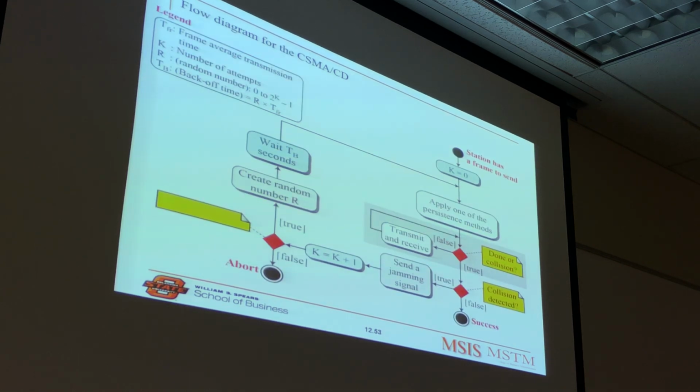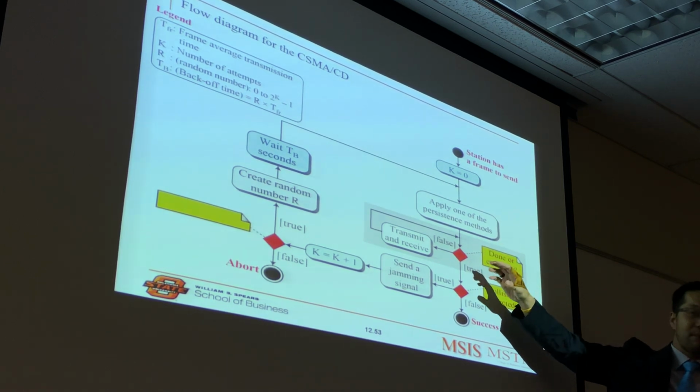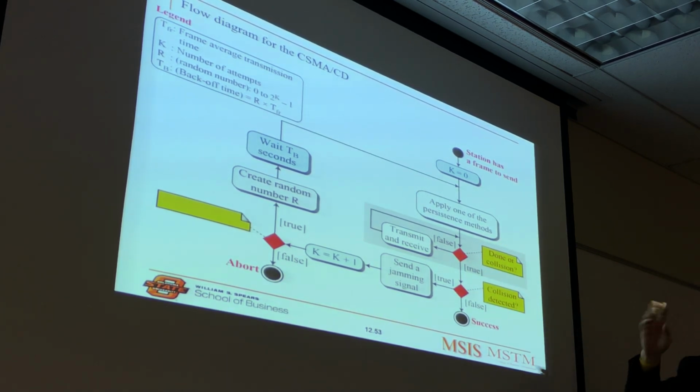So CSMA-CD follows this flow chart. Transmit whenever you have something to transmit. See if there is any collision you could hear. If there was a collision noise, then wait and retransmit. What if there's another collision? Wait and retransmit. What if there's another collision?